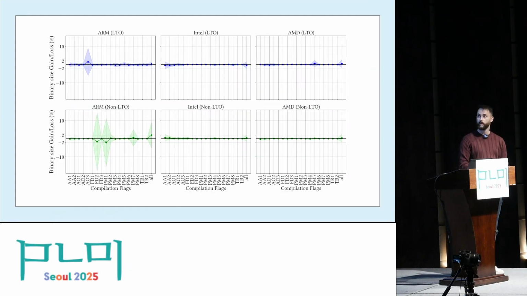So these are the numbers. On the x-axis, we have the shortened names of the flags. And on the y-axis, we have the relative binary size impact. In this plot, lower means better, because when a flag is enabled, it drops the size of the binary.